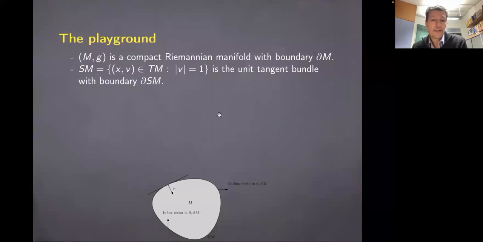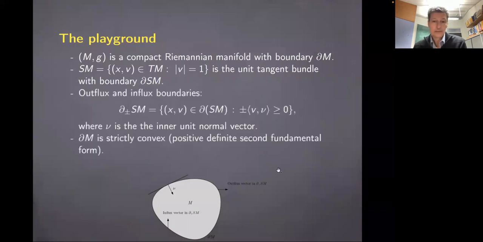And if M has boundary, the unit tangent bundle also has a boundary that you can picture here, where you're sitting at a point at the boundary, and you have vectors pointing in and vectors pointing out. So you have the influx and outflux boundary, and I want to give names to those. I want to call partial plus of SM the outflux boundary.